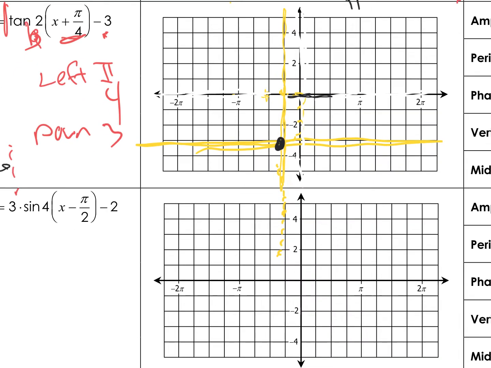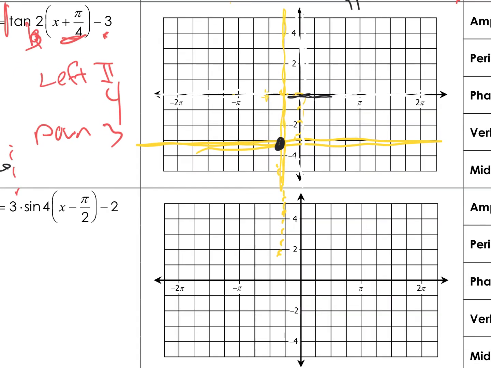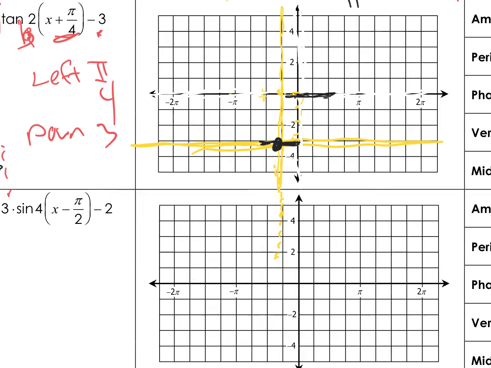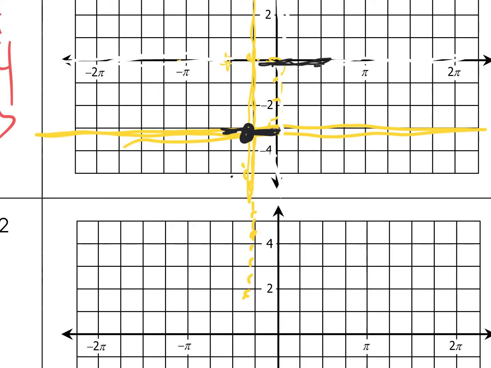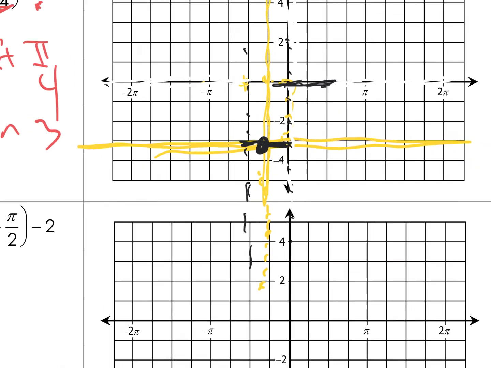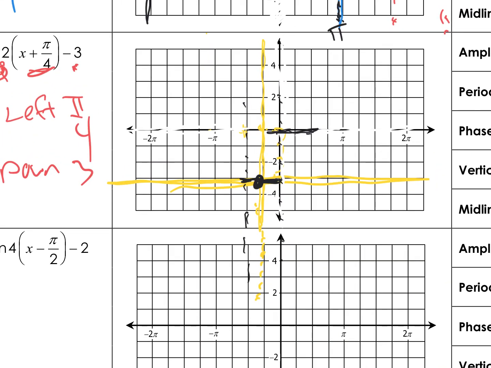It's pi over 2. So I've got to go 1 tick mark, since 2 tick marks is pi over 2. 1 tick mark to the right, 1 tick mark to the left will tell me where my asymptotes are going. Boom, boom, boom, boom, boom, boom. There. So that's how wide my cycle is.